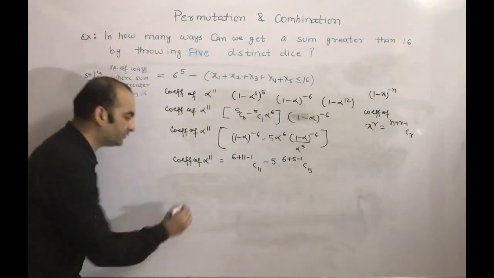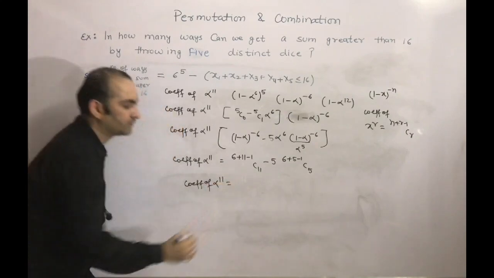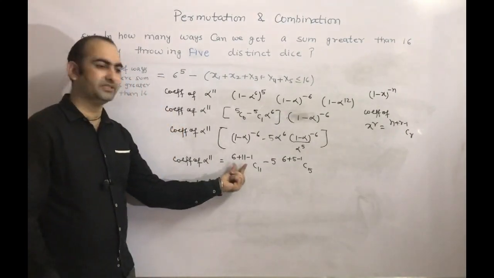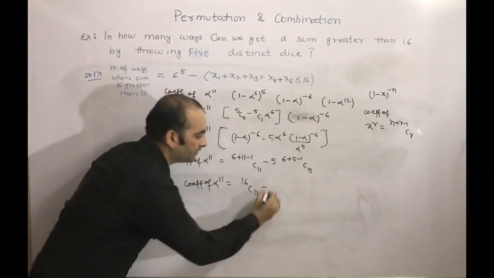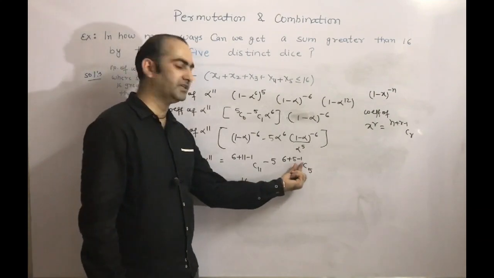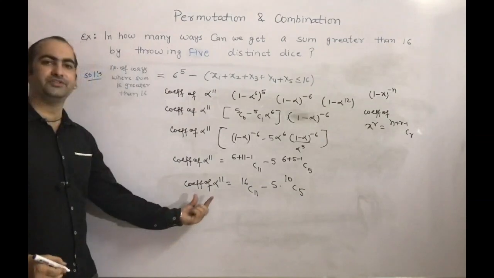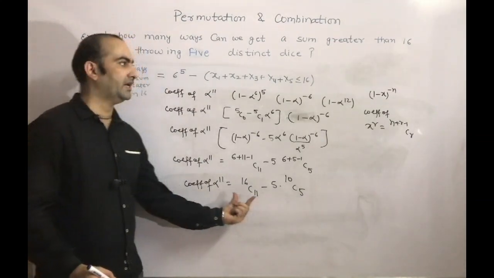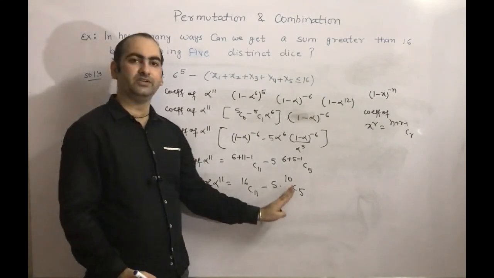So the coefficient of alpha power 11 equals 11 plus 6 is 17, 17 minus 1 is 16, so 16c 11 minus 5, into 6 plus 5 is 11, 11 minus 1 is 10, so 10c5. This is the coefficient of alpha power 11, and the solution of this equation is nothing but 16c11 minus 5 into 10c5.